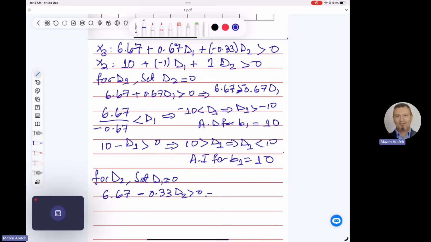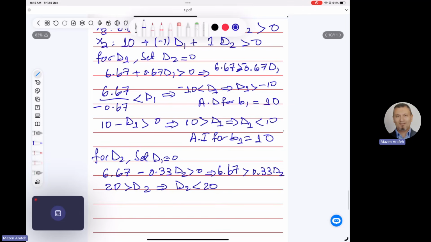I take it to the other side, so 6.67 is greater than 0.33 d2, and we divide by 0.33, which is multiplying by 3, so 20 is greater than d2. Therefore d2 is less than 20, and this would be my allowable increase for b2.